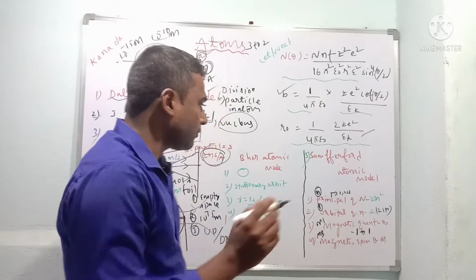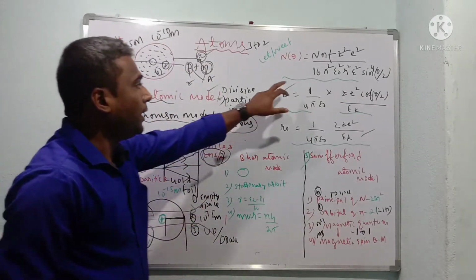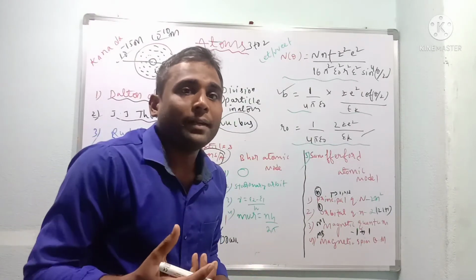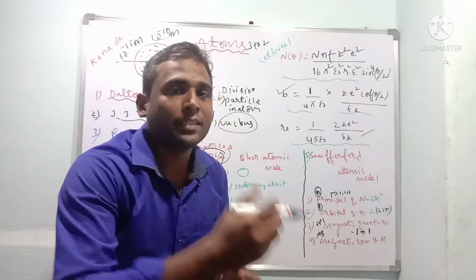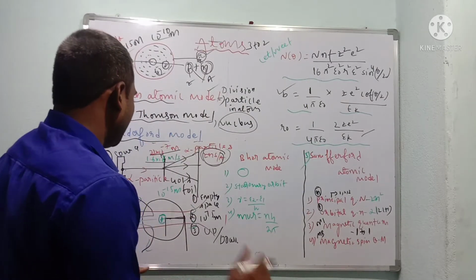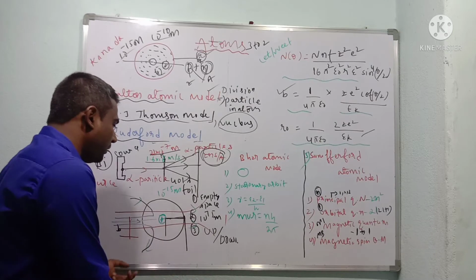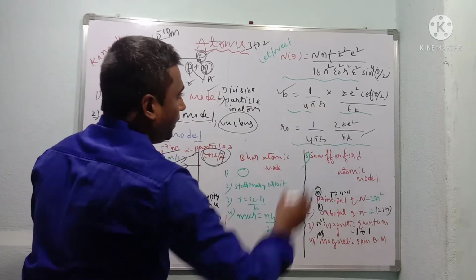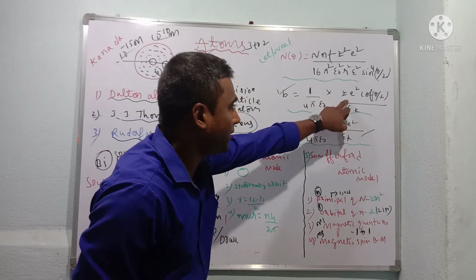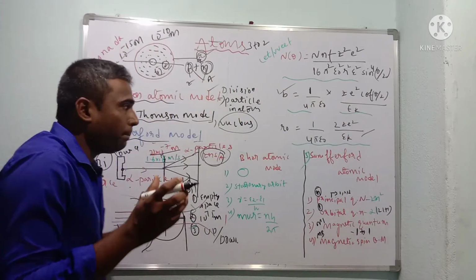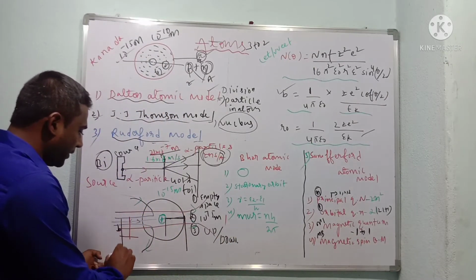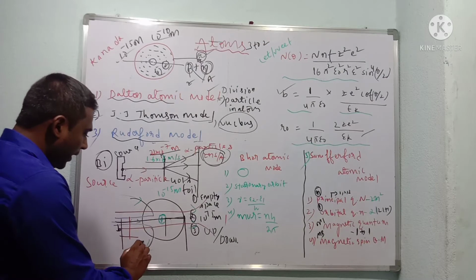Very important. Students, I'll take the impact parameter first. Impact means something, parameter means a variable which describes something. So what is the impact parameter? That is very simple. The impact parameter is the perpendicular distance between the central line of the nucleus and the alpha particle.